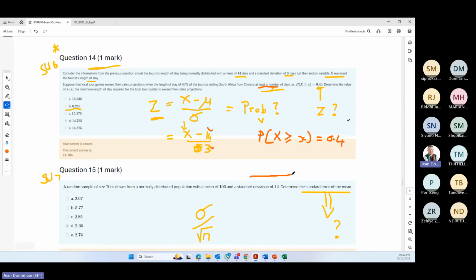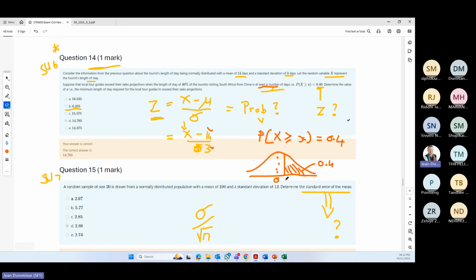And so if they give that hint, we use it. Okay, so we know that bigger or equal somewhere here is going to sit 40%, the 0.4.